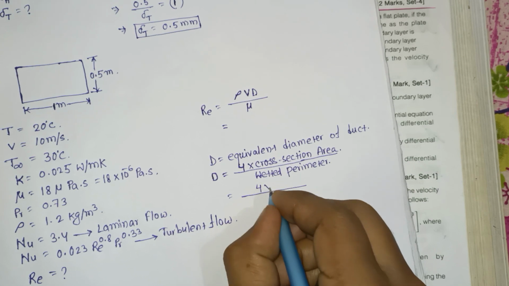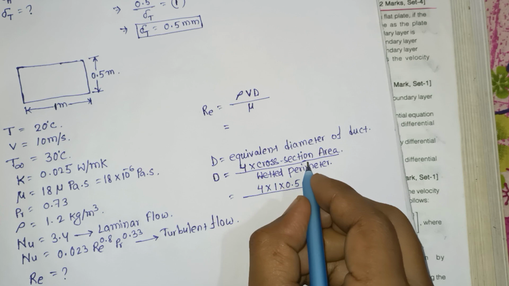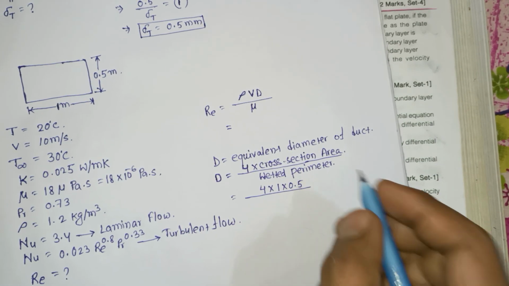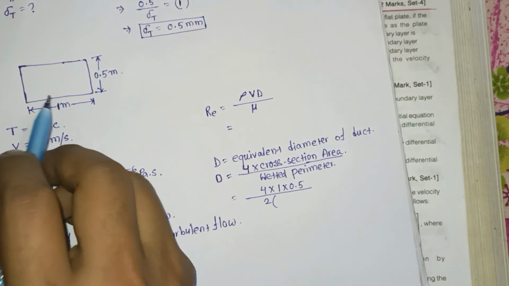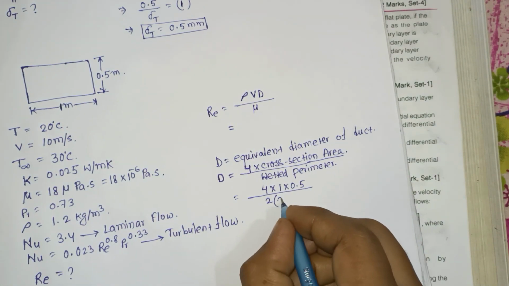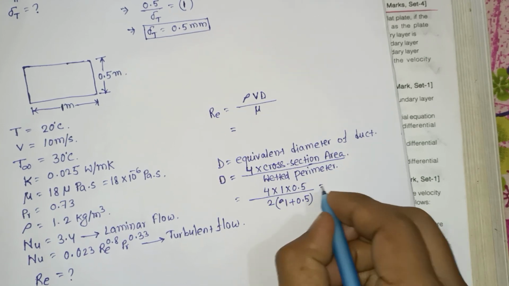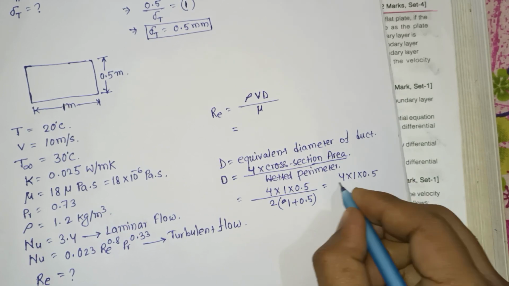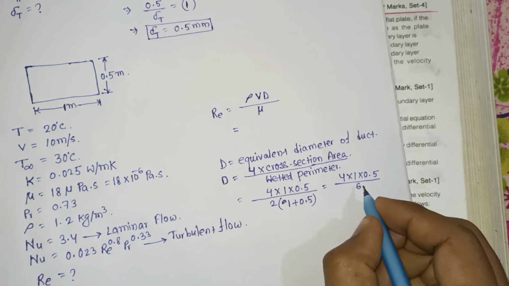So 4 into 1 into 0.5 divided by 3, which is 6 in the denominator.